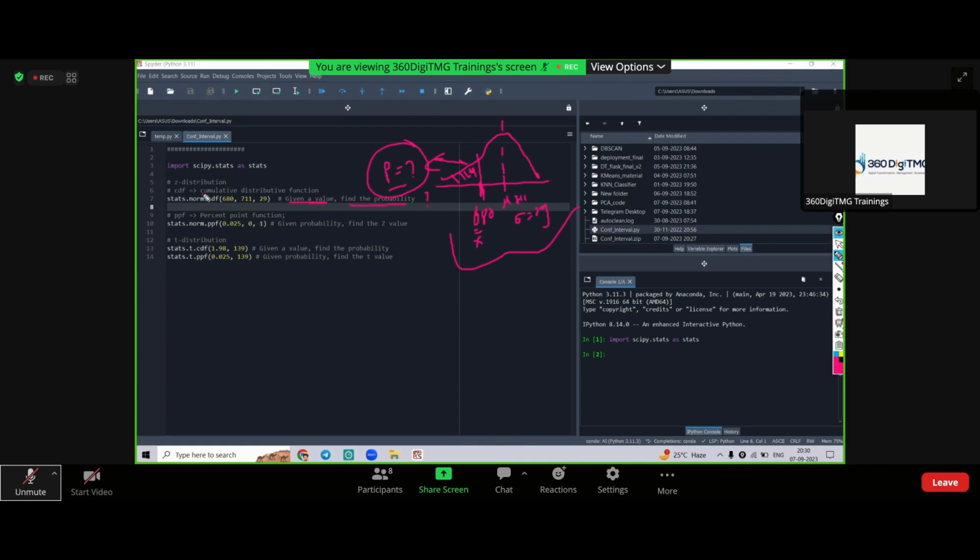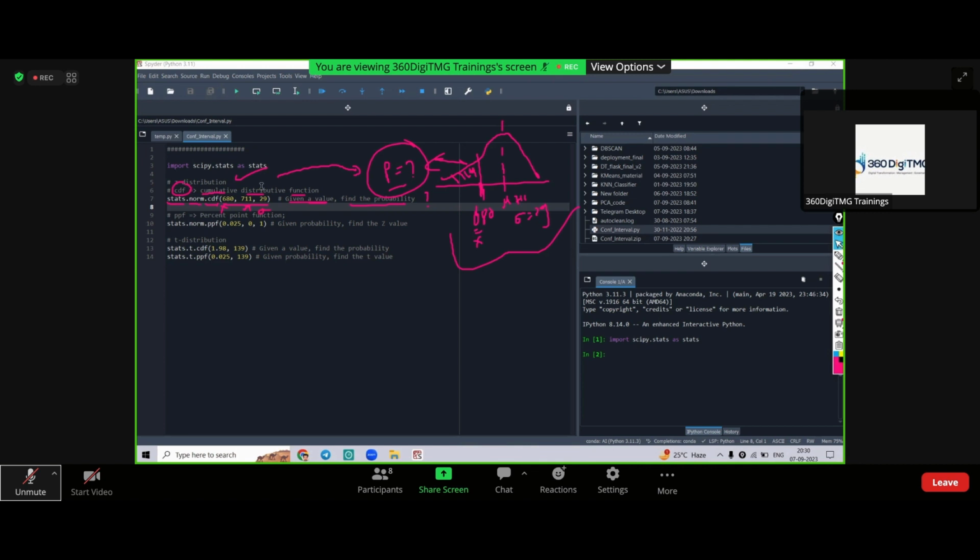So this is called the cumulative distribution function, CDF, Z distribution. I will use stats.norm.cdf to calculate the cumulative distribution function probability. I will say CDF with these parameters, which are my x, mu, and sigma.